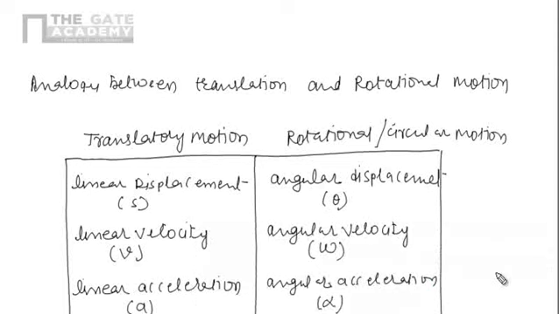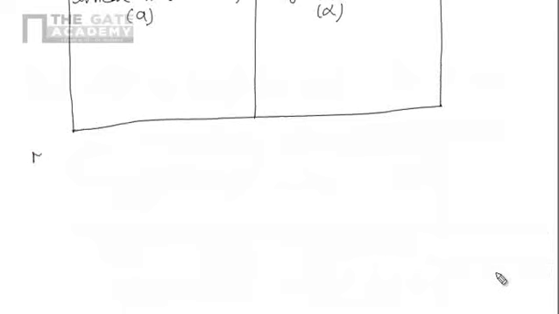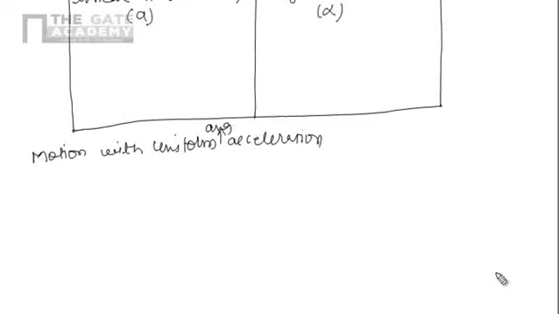So now I will write the equations for motion with uniform acceleration, or we can say motion with uniform angular acceleration. So I am writing the first equation, that is nothing but omega equals omega naught plus alpha t.